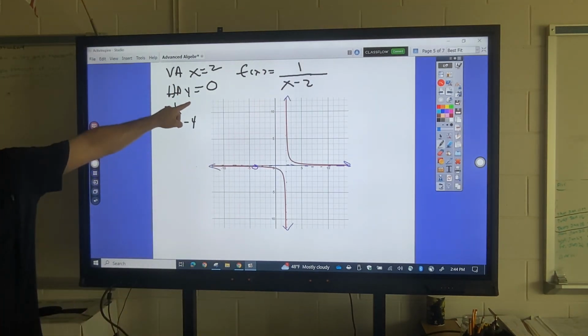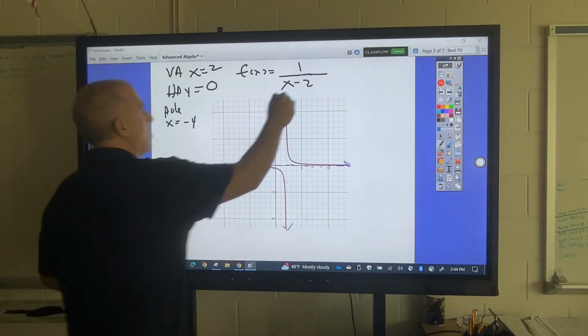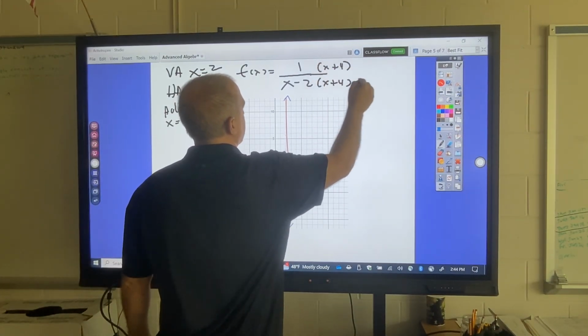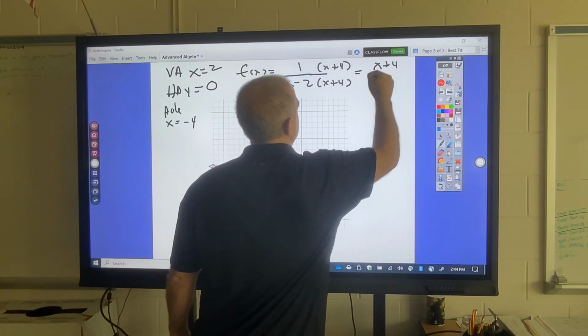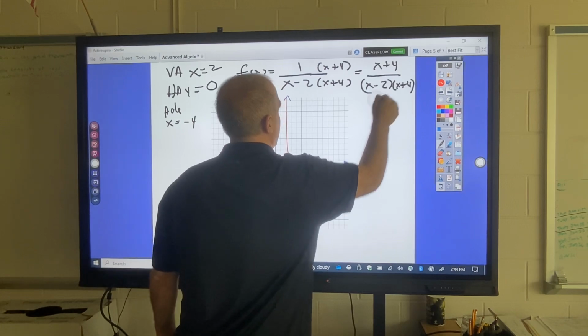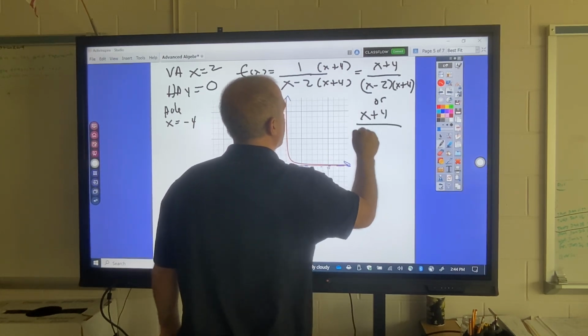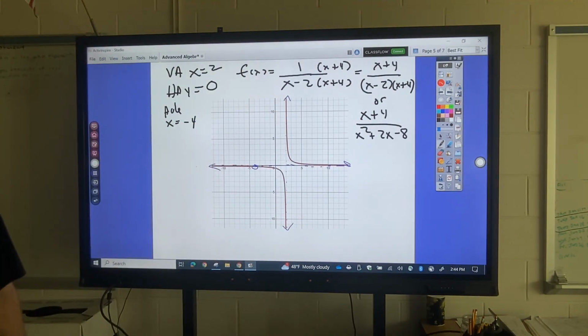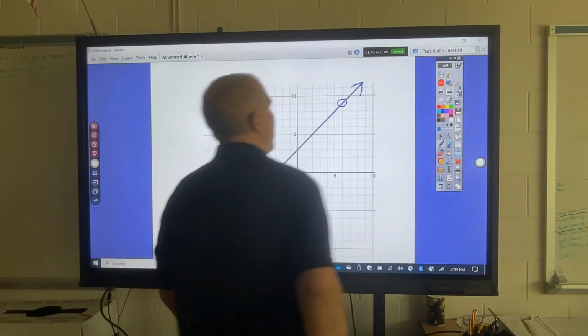That's the only way I could get that. A hole at x equals -4 would have to be x plus 4. So I can either get this, or if you wanted to multiply that out, that's x plus 4 over x squared plus 2x minus 8. Either answer would be acceptable. So you just want to identify what you got there.